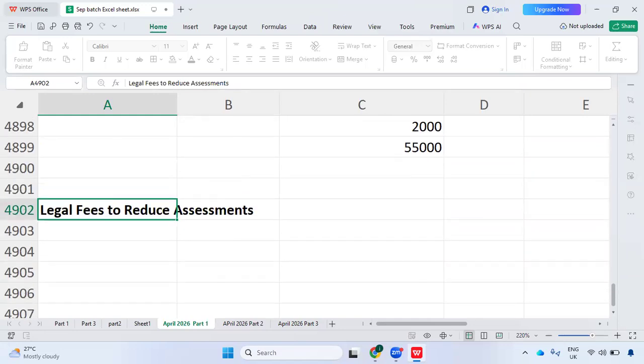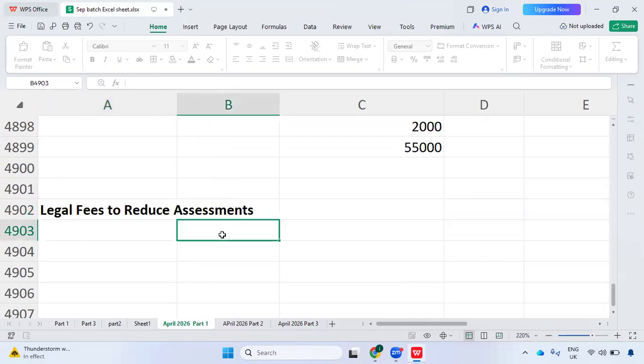So what exactly is an assessment? The local governments will do some assessments. This is something related to the owner, which is for improvements. So state governments or local government will collect some kind of improvement charges from the property owner.